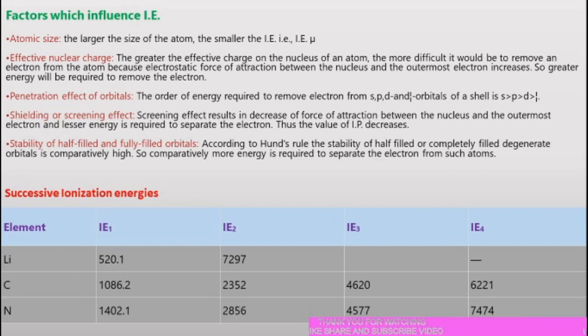Carbon has 1086 and nitrogen has 1402 as the first ionization energy, because lithium has a larger size compared to carbon, and carbon has a larger atomic size compared to nitrogen. That's why the ionization energy depends on the atomic size.